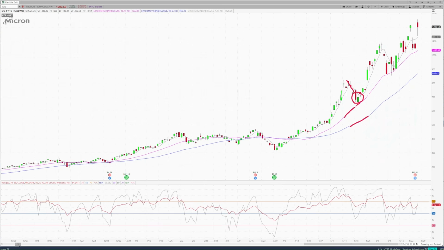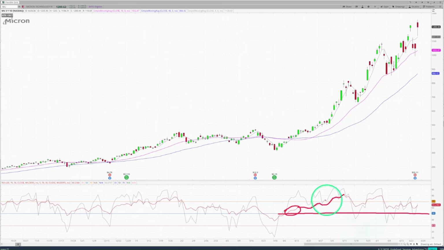This is a pullback that we can play once the RSI 5 closes below the 50 level and the RSI 20 stays above. Now, there's a couple things we need to understand. We have to have the RSI 20 above the 50 level for this signal to take place. That's one thing. But we also want it to be no divergences.